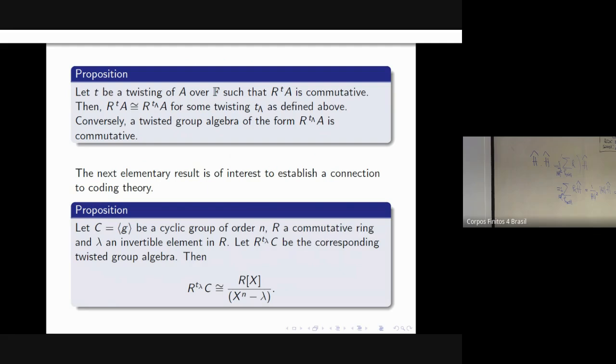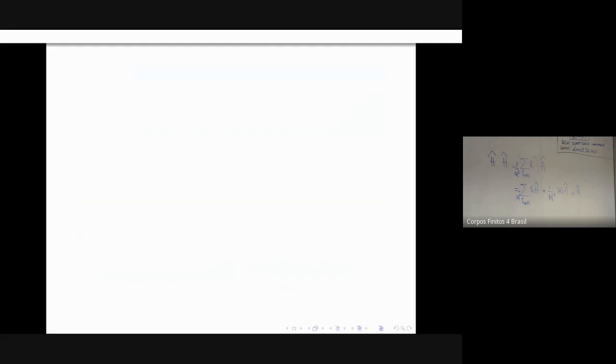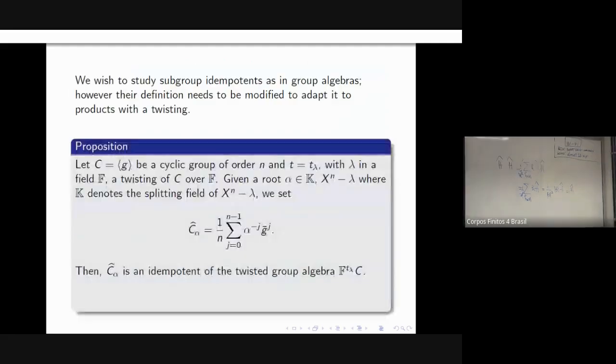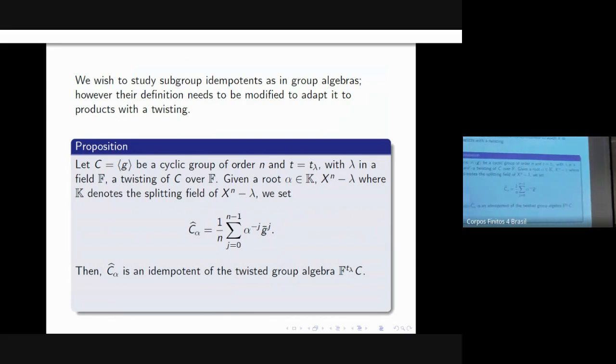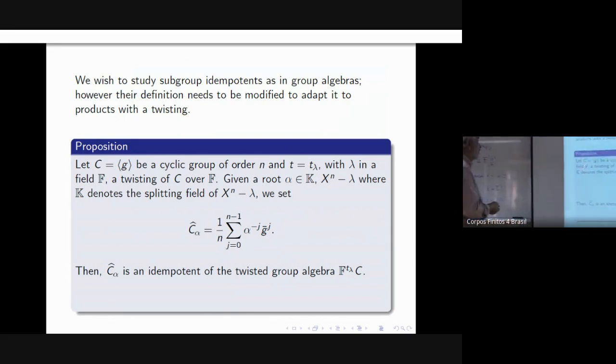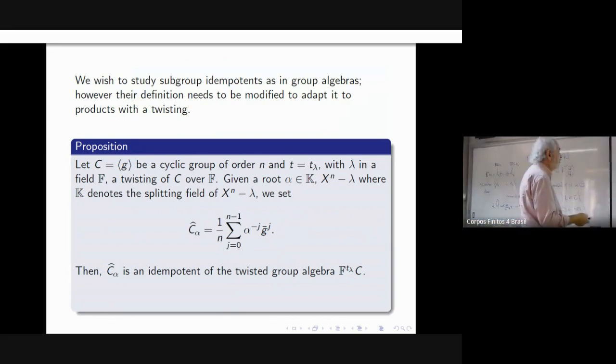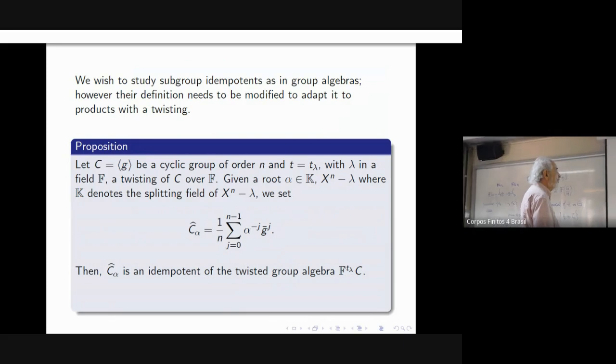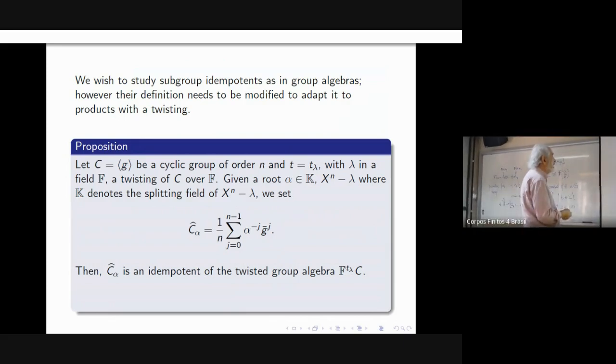So that does not work. So it was necessary to find an equivalent of this H hat. So we do the following. Take a cyclic group. Lambda is the element of the field that gives the twisting.